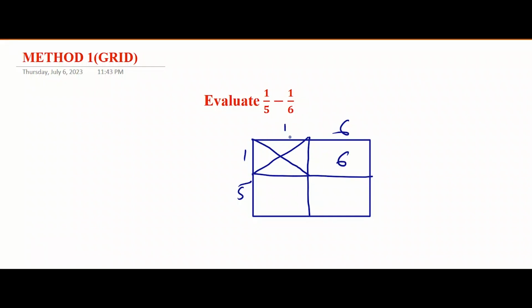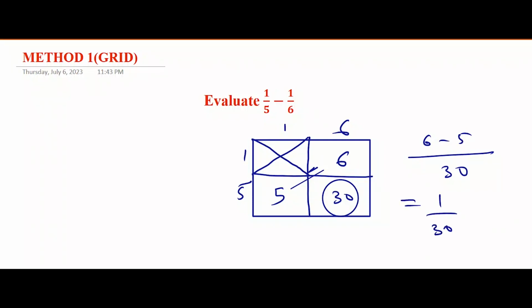Then you have 5 by 1, that will be 5. Then you have 5 by 6, that will be 30. So this is the LCM, the denominator. So it will be 30 here. Then you connect 5 and 6 together by using the given operator, that is subtraction. So of course, you need the positive value, that will be 6 minus 5. So this will be equal to 1 out of 30.